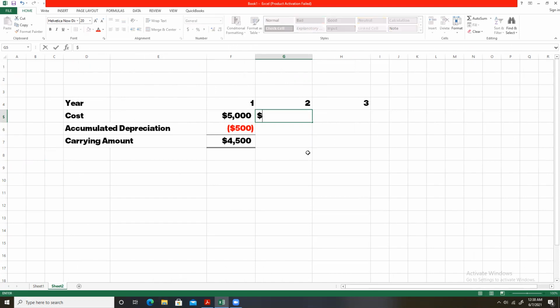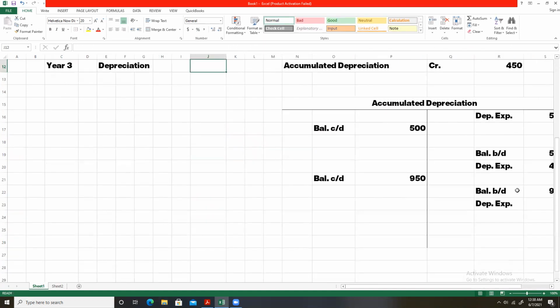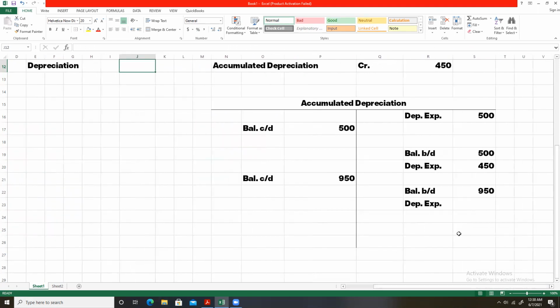In the second year, when we charged a depreciation expense of 450, the accumulated depreciation increased from 500 to $950.